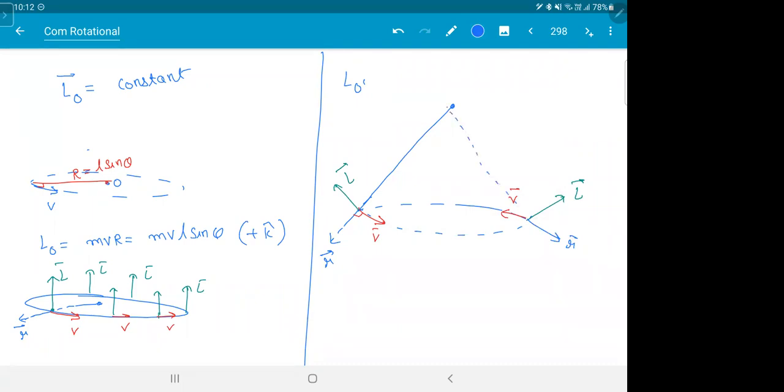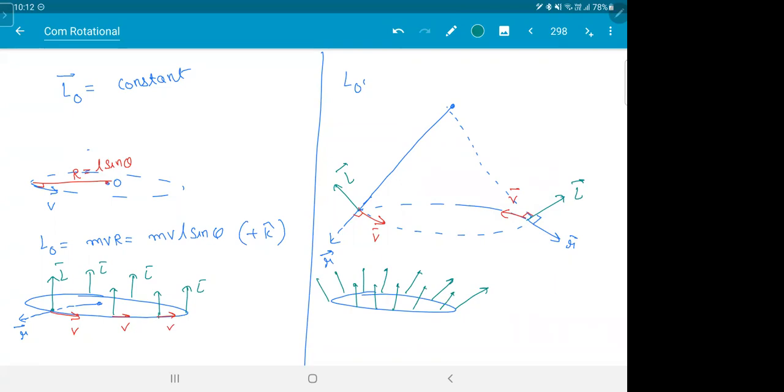That's your R bar. If you see, these two are perpendicular, these two are perpendicular. You're getting how L bar is rotating? If you look at the L bar direction, it will be like this. It's like a crown. L bar is not constant.